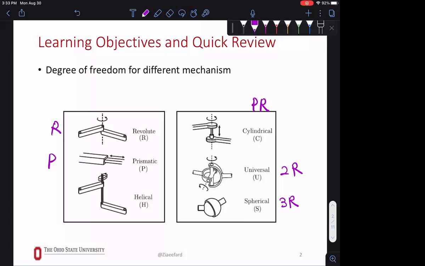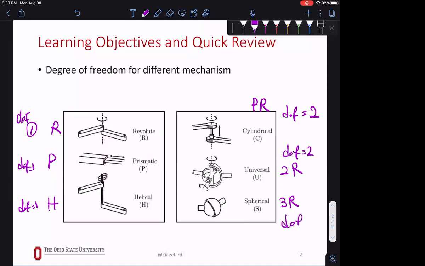Prismatic, P, and helical, which I'm going to show with H. So what are the degrees of freedom of each of these? 1. We already saw that: 1. So DOF 1, DOF 1, DOF 1, DOF 2, DOF 2.